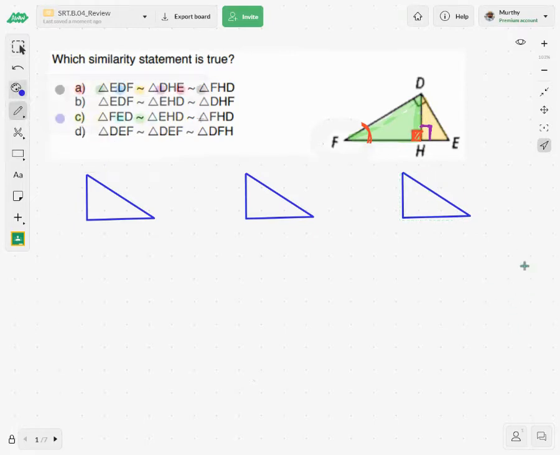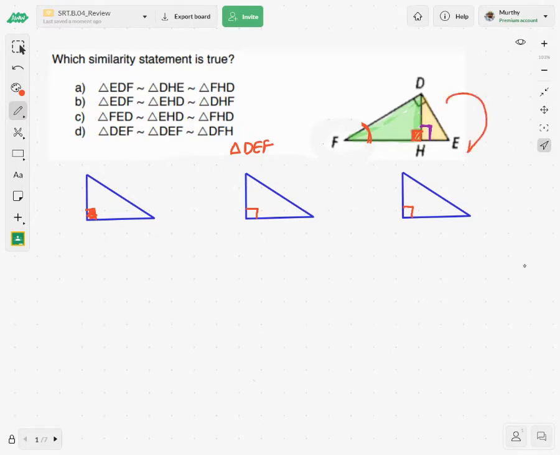Now this is 90, this is 90, and this small square indicates 90 degrees. As I told you, I prefer to take the original triangle in the middle, triangle DEF. Here I'm not bothered about the order.